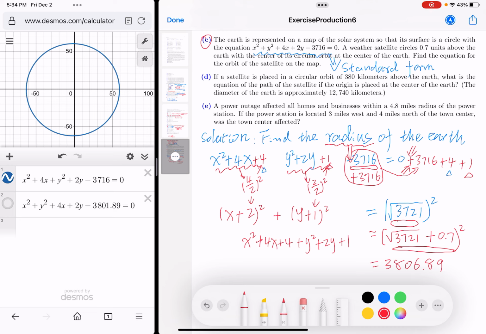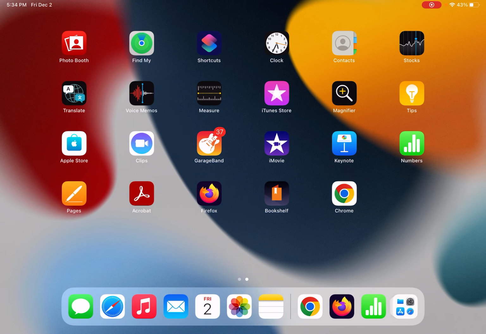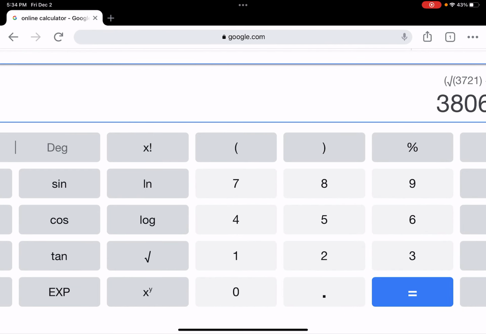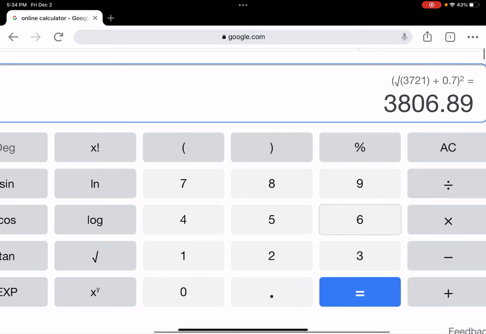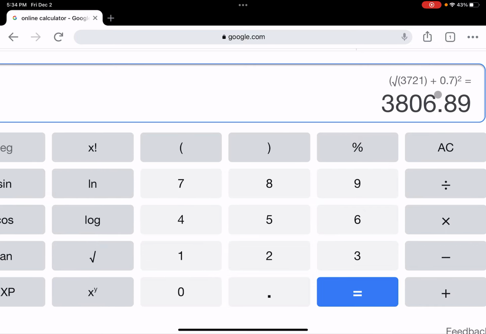Remember, radical 3721 plus 0.7. I use an online calculator. Right here, you see, it is radical 3721 and then plus 0.7 and then squared.